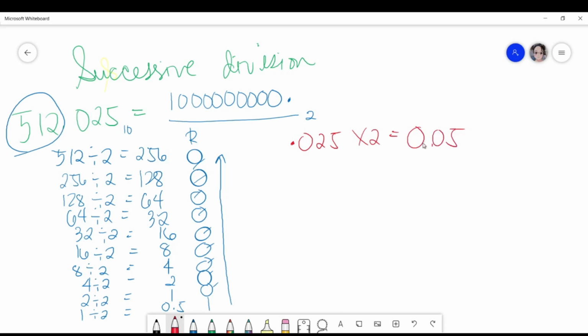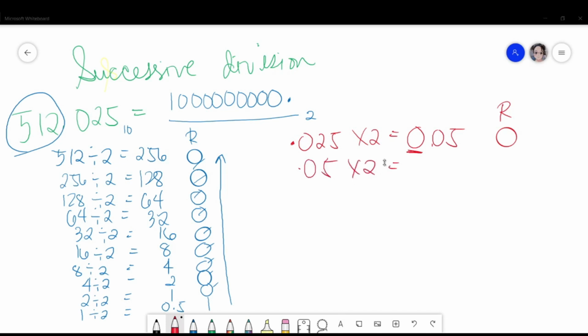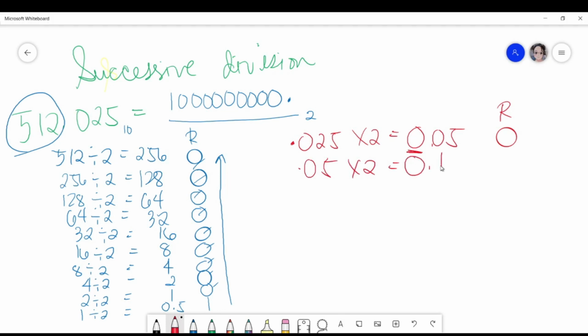The whole number is 0, so the remainder is 0. Okay, let's have 0.05 times 2, 0.1. Again, the whole number is 0. Let's have 0.1 times 2. We have 0.2.